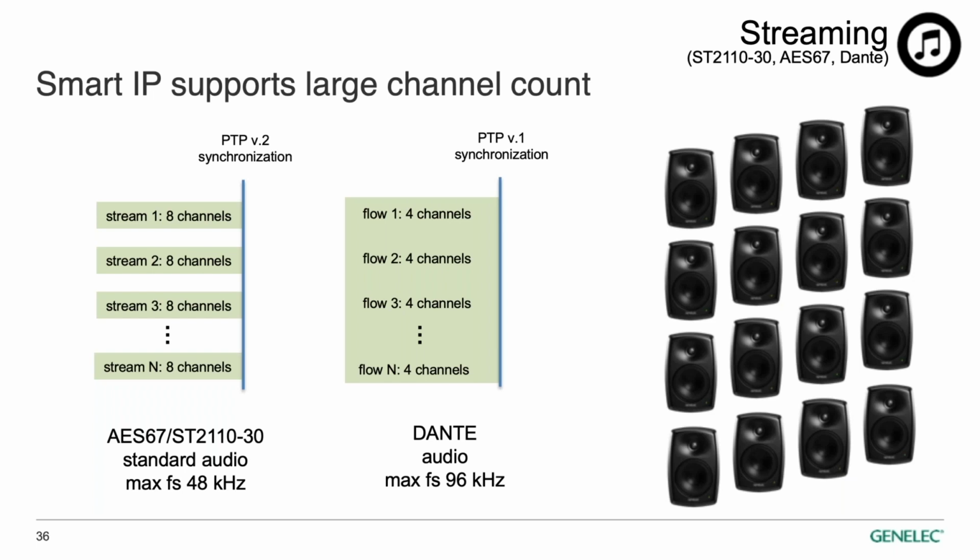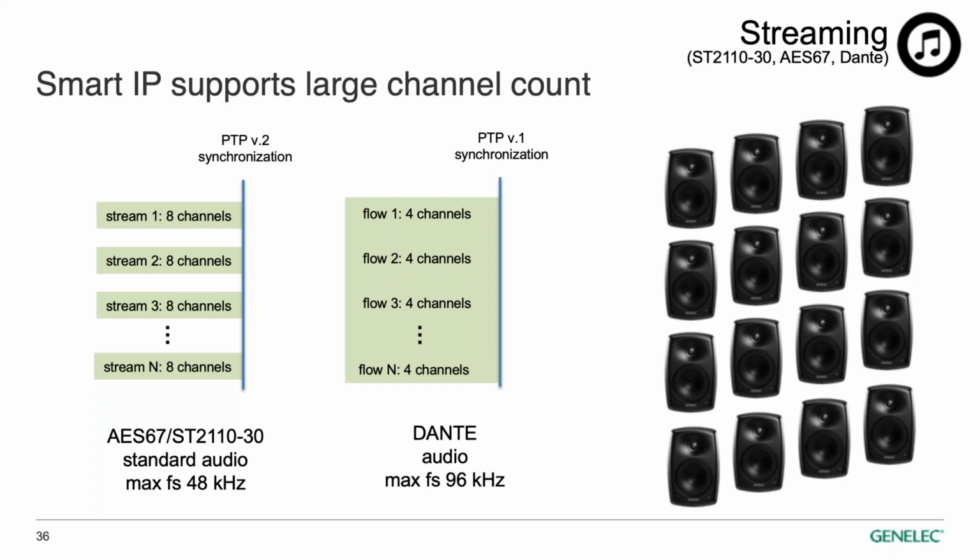The loudspeakers in the Smart IP platform can receive either one, but you need to make the configuration at the beginning because these two streaming formats are using different versions of the PTP precision time protocol synchronization, which is your signal clocking across the network. And that is one of the reasons why they cannot coexist on the same port of a single device. They can coexist in the same network, but you have to decide which one you will be sending or receiving.